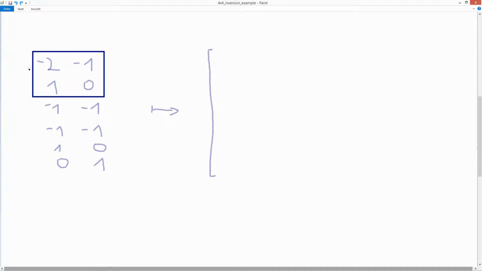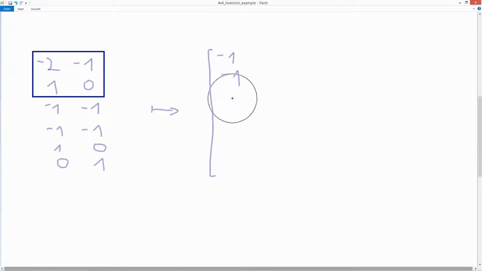So for the first entry we have to ignore this here and calculate 1 times -1 minus -1 times 0 is -1. For the second entry we ignore this here and calculate -1 times -1 minus 2 times 1 is -1.